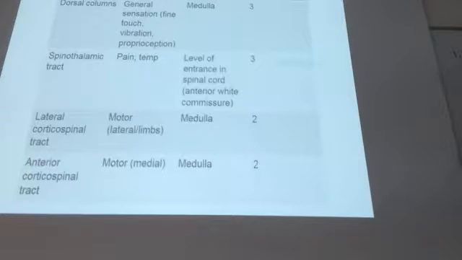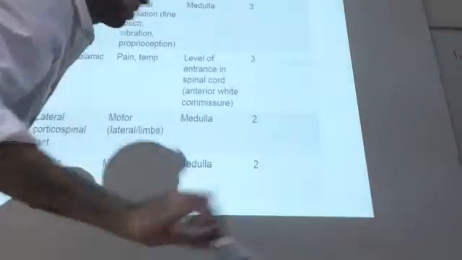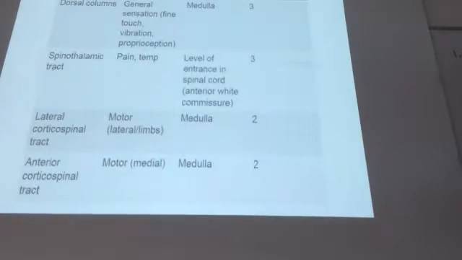The first one comes from the brain. Where will it decussate? In the medullary pyramids. It goes to the other side and then travels down. It will synapse at whatever level it's supposed to get out at.